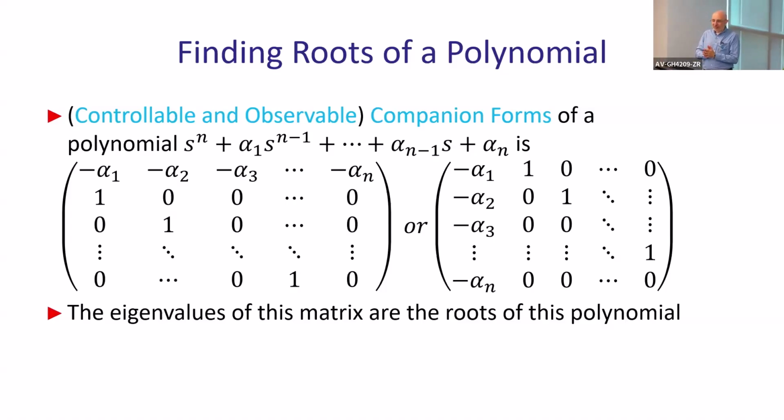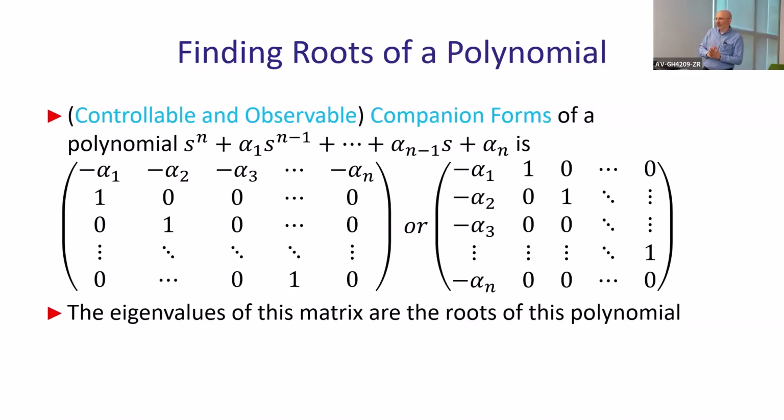So the idea is very simple. You need to find such a matrix, the characteristic polynomial of which is your polynomial for which you want to find the roots. Sounds kind of tricky, right? So you're looking for a matrix, the characteristic polynomial of which is your polynomial that you want to find roots to. This is the overall idea.